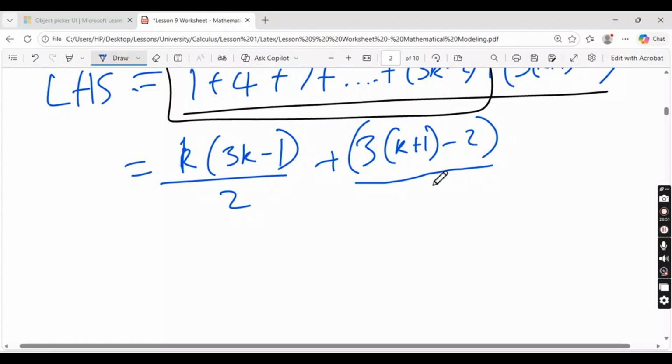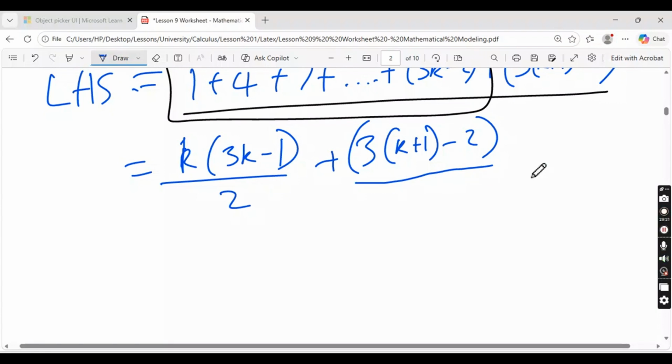It's 3k plus 3 minus 2, which is equal to 3k minus 1. No, it's not 3k minus 1. Oh, I mean plus 1. Yes, 3k plus 1.